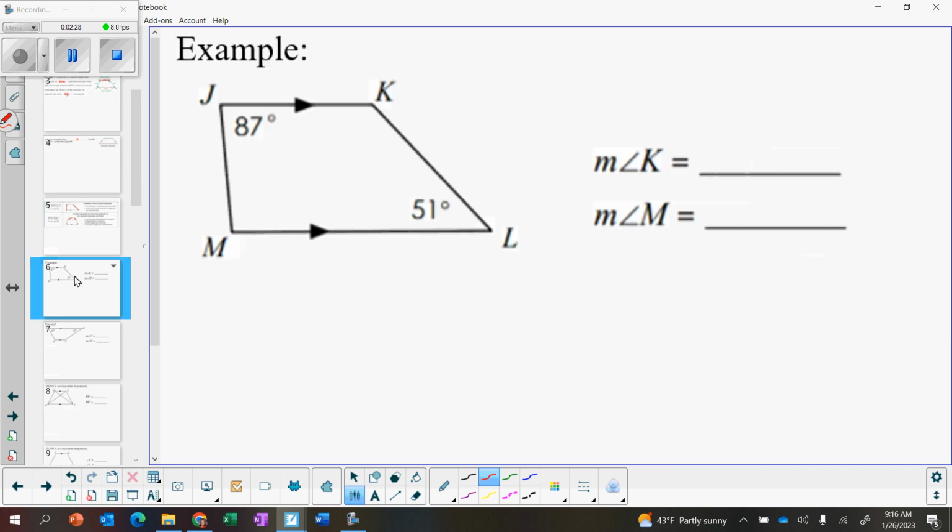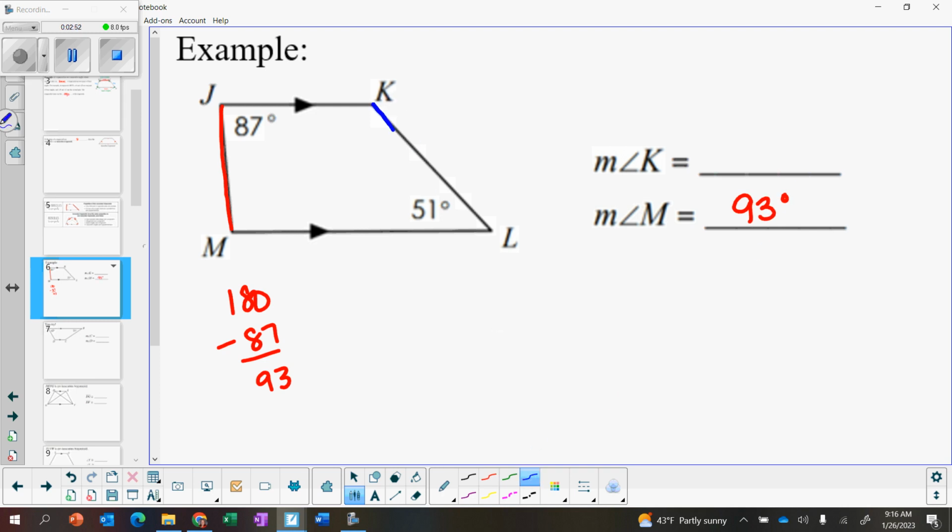So let's look at our first example. I'm going to look at this and I see that I do not have congruent legs. So these angles down here are not the same and these angles up here are not the same. So I have to rely on consecutive angles. If I do 180 minus 87, I get 93. So the measure of angle M is 93 degrees.